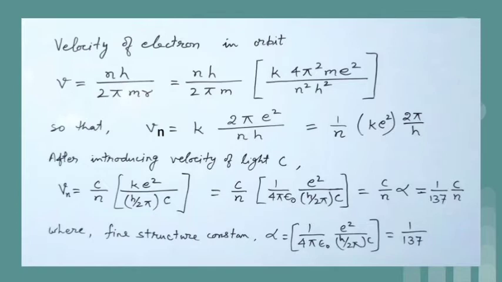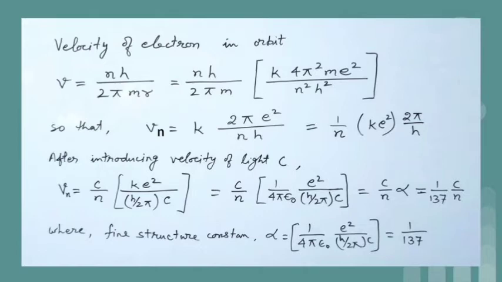The relation can also be expressed as vₙ = (1/n) ke² (2π/h), which is equal to (1/n) ke² (1/(h/2π)). Introducing the velocity of light c, the expression becomes vₙ = (c/n) · ke²/((h/2π)c) = (c/n) · (1/4πε₀) e²/((h/2π)c).